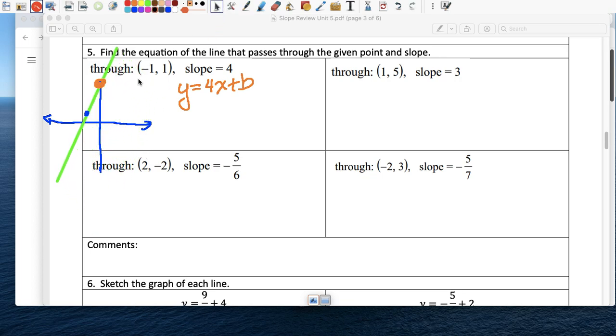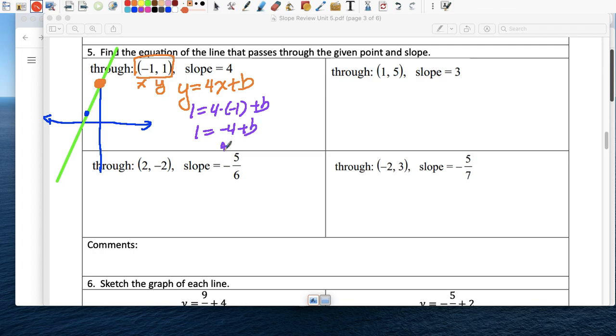Now they say, given all this information, can you please help me find b, where it crosses the y-axis, and then complete the equation of the line. In order to do that, do I have a point? Yes, I do, right here. Let's plug it in and find b. So we get 1 equals 4 times -1 plus b. 1 equals -4 plus b.